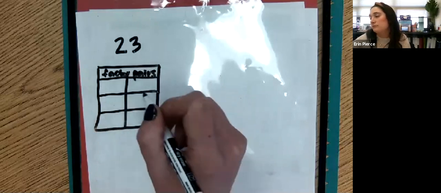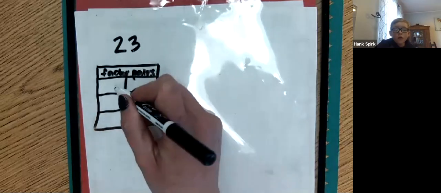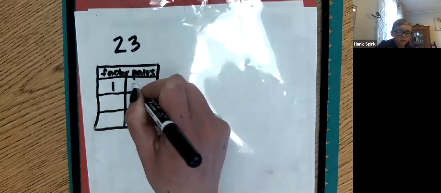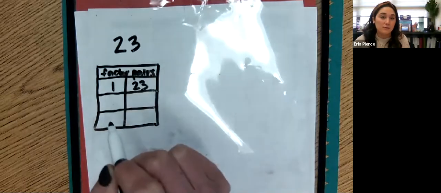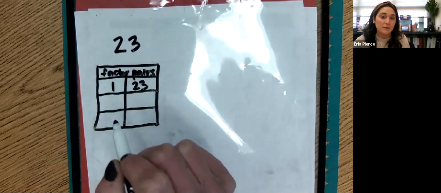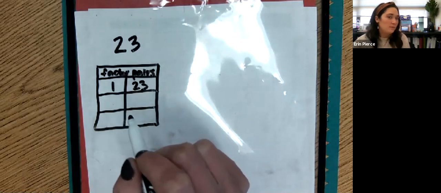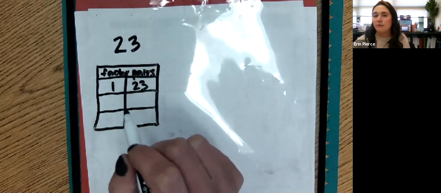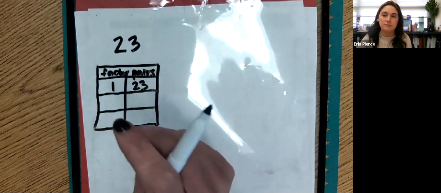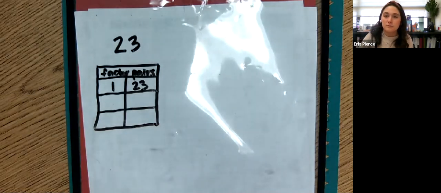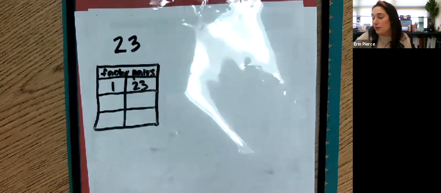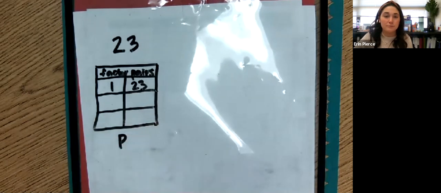Hank. 1 times 23. Do we know any other numbers? Give me a head shake yes, or head shake back and forth telling me no. So underneath it, we would write prime. P for prime.